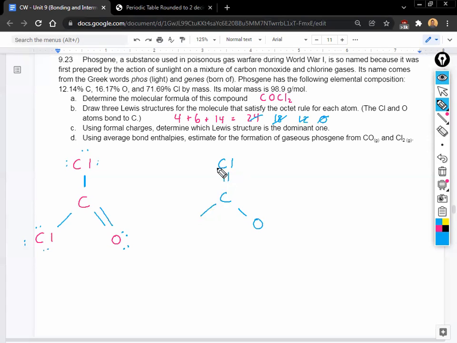Again, you don't have to orient it exactly the way that I did. If you have oxygen on the top and the Cl's on the bottom, that's fine, as long as the connections are the same. Or you can have one where carbon has a double bond to the other chlorine. Okay, so these are the three structures. These are your resonance structures for this molecule right here. Okay.